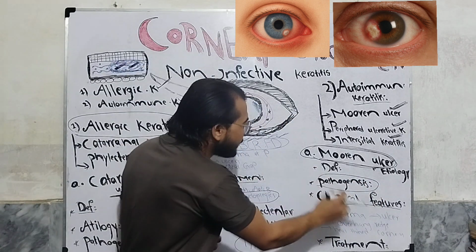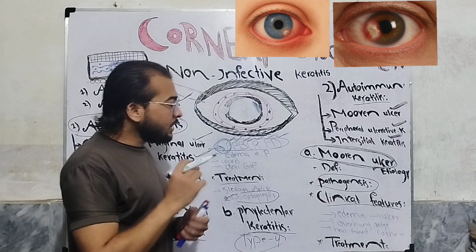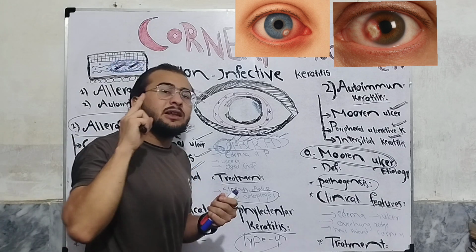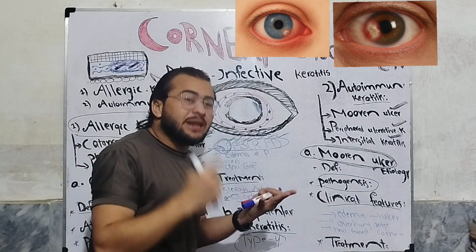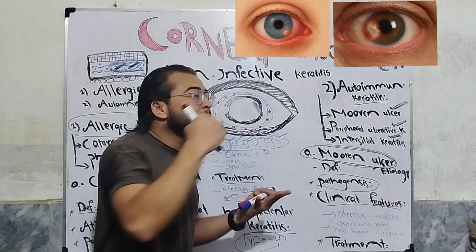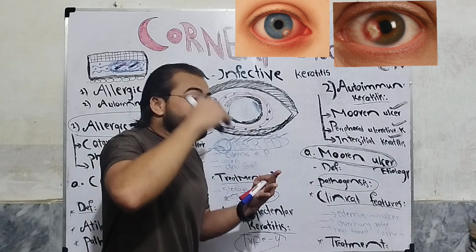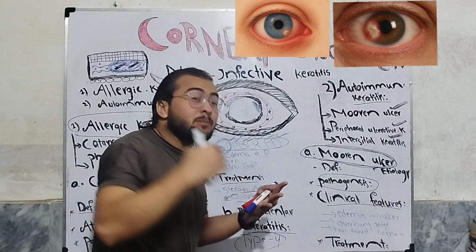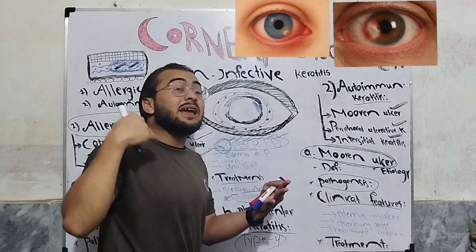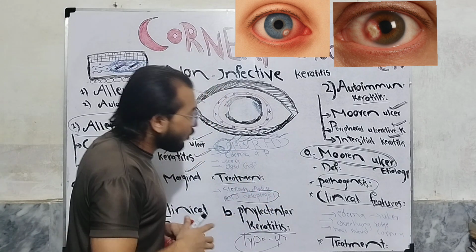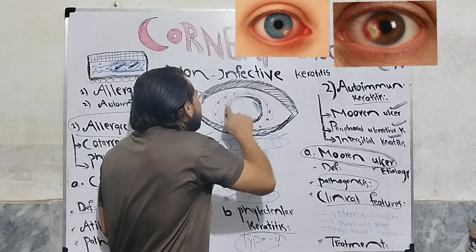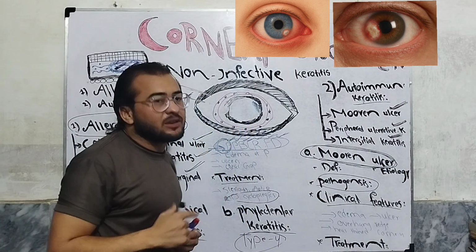Now, how will the patient present to us? It has mainly two forms. The first one is benign, which is unilateral and mainly presenting in old adults. The second one is bilateral, progressive and painful, which is presenting in young adults. The ulcer follows a special behavior.